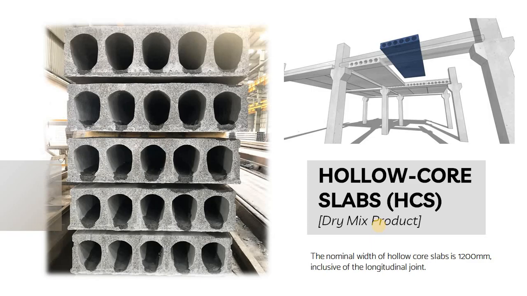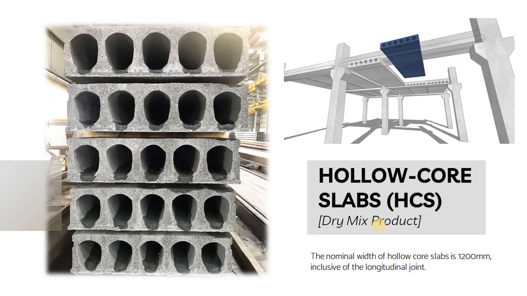That is known as dry mix concrete. The dry mix concrete is used because to produce this kind of product, we use a machine. We will go through what machine, what type of machine is used, in the further slides.